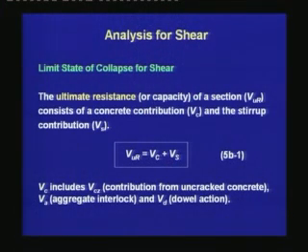The ultimate resistance of a section, which is represented as V subscript UR, consists of a concrete contribution Vc and the stirrup contribution Vs. Thus, VUR is equal to Vc plus Vs. Here, Vc includes Vcz, which is the contribution from uncracked concrete, then Va, which is the aggregate interlock, and Vd, which is the dowel action.